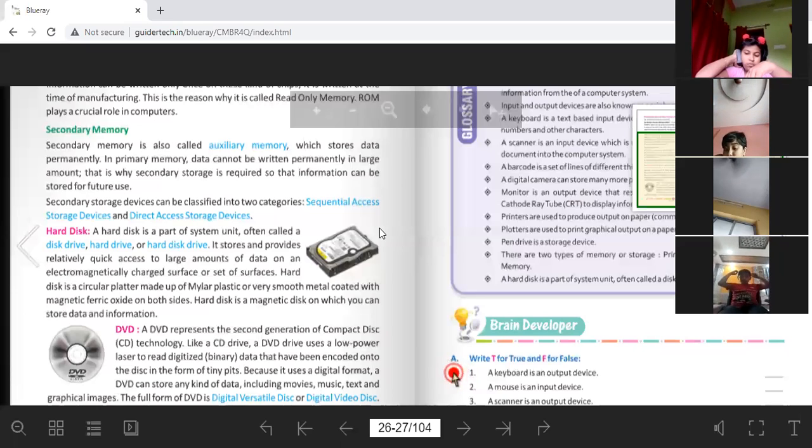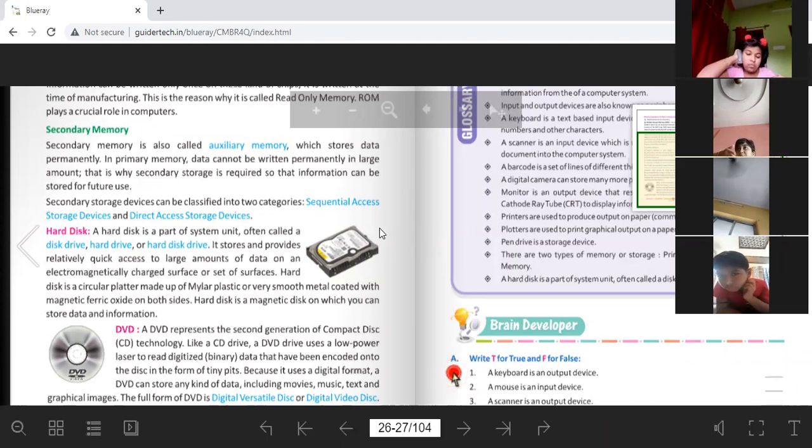A hard disk is a circular platter made up of mylar plastic or very smooth metal coated with magnetic ferric oxide on both sides. A hard disk is a magnetic disk on which you can store data and information.